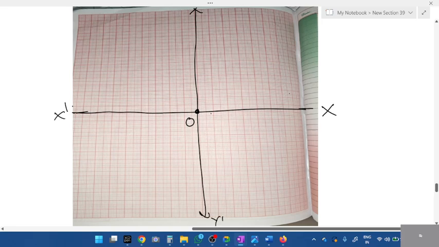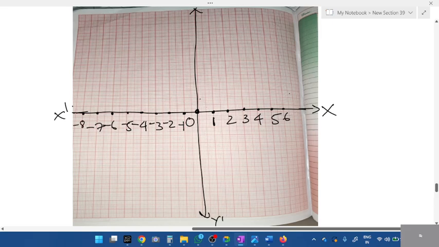So on the x-axis, look, each box is 1 centimeter, students. One, the next box will be 2, 3, 4, 5, 6. On the x-axis 1, 2, 3, 4, 5, 6 positive, and the left-hand side will be negative 1, minus 2, minus 3, minus 4, minus 6. You can write up to minus 7 or minus 8, whatever number is given.